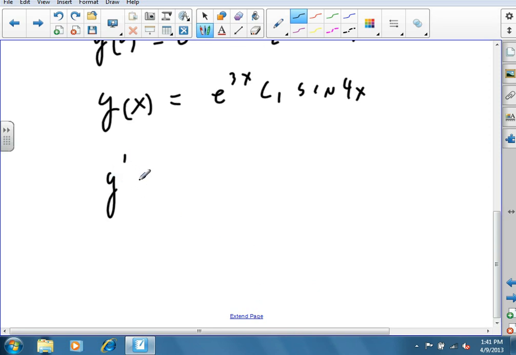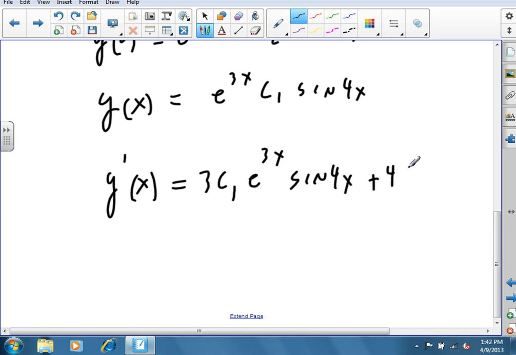y prime of x is 3 c1 e to the 3x sine 4x plus 4 c1 e to the 3x cosine 4x. y prime at 0 is supposed to be 8.